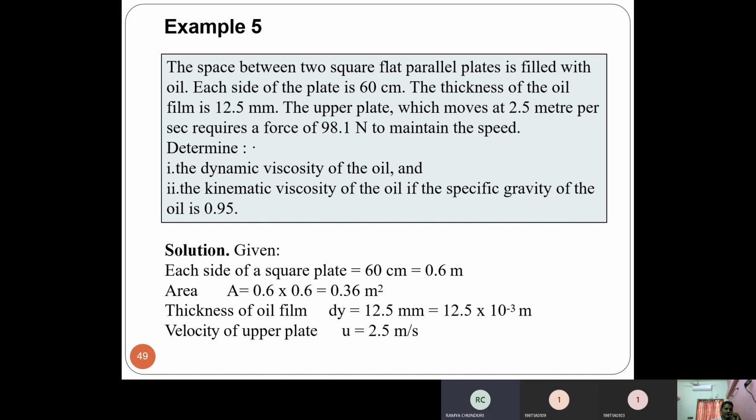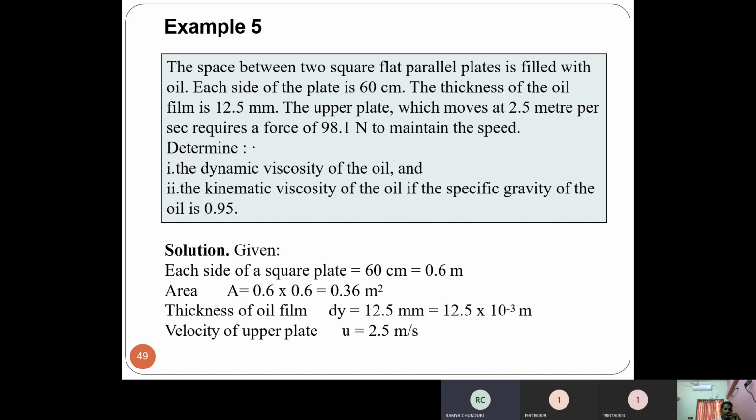They also mentioned each side of the square plate is 60 centimeter, nothing but 0.6 meter. Area is 0.6 into 0.6, 0.36 meters square. Thickness of the film dy is equal to 12.5 mm. Now convert it into meters, 12.5 into 10 to the power of minus 3.